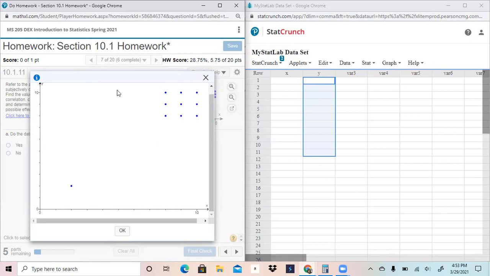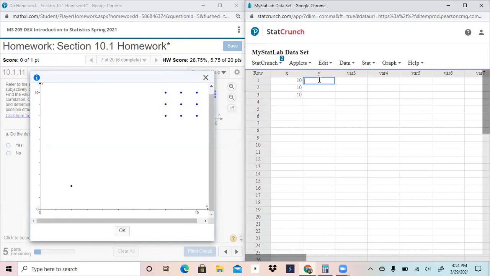So these points, this lines up with 10, 9, 8. Down here, this lines up with 10, 9, 8. So I could just put these in backwards. I've got 3 points where the X value is 10.